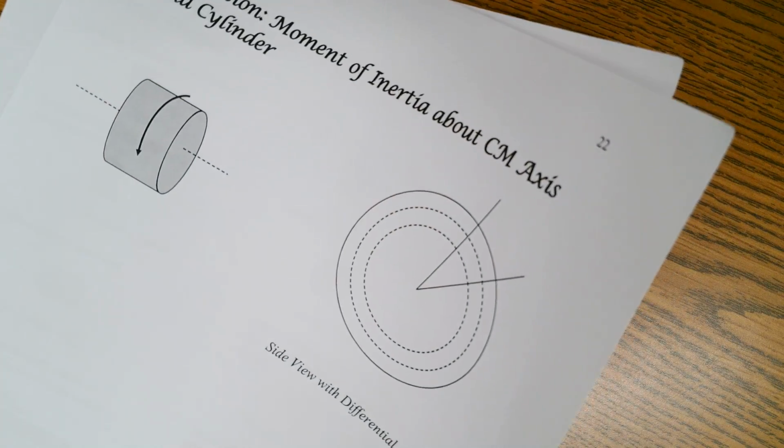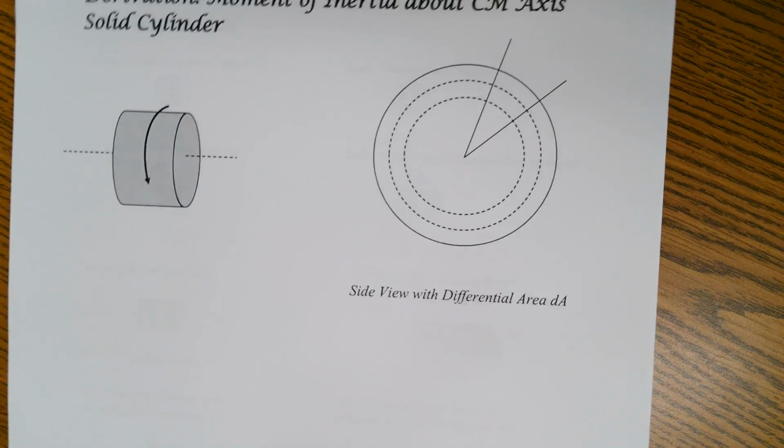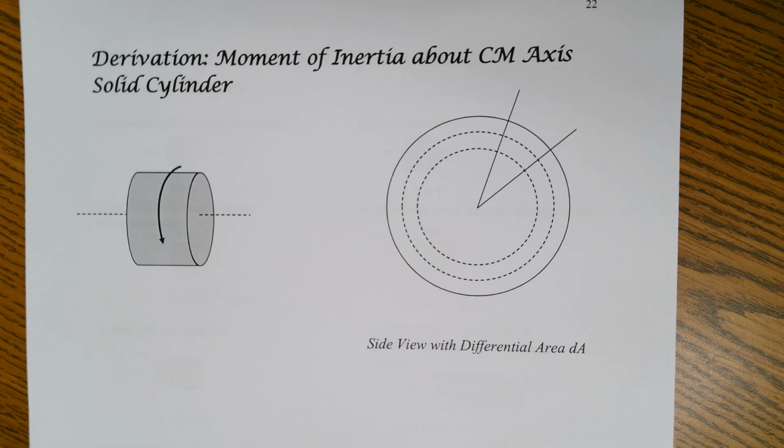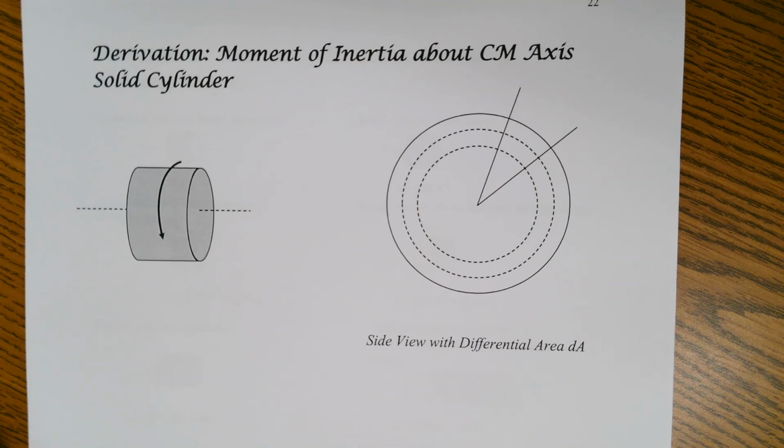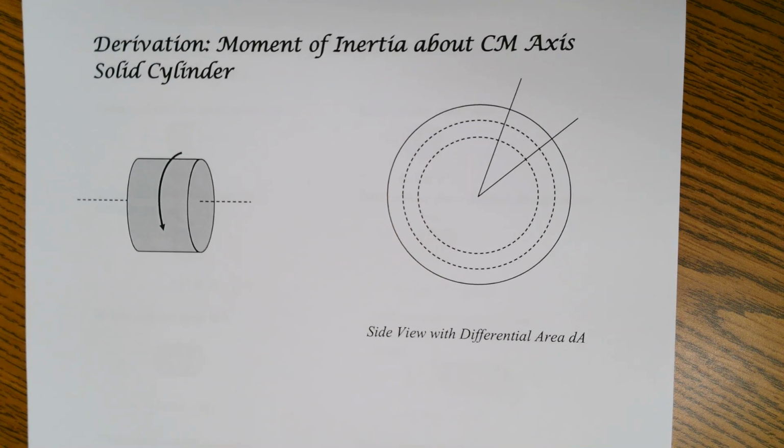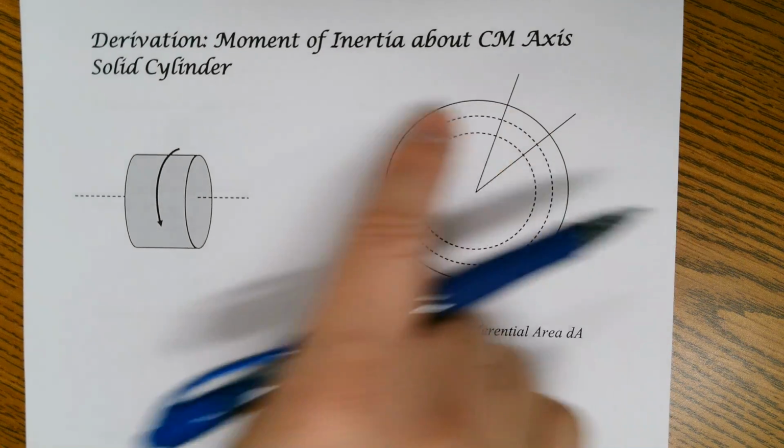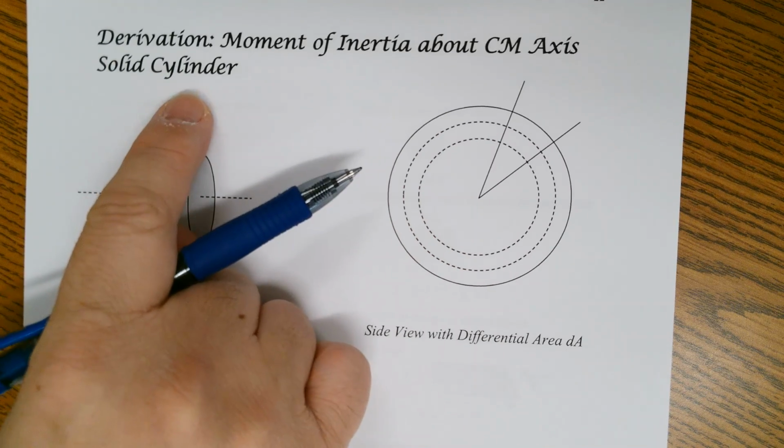All right, let's do one more. Then I'll let you guys go off and do some homework problems in your group session. All right, so derivation again: moment of inertia about the center of mass axis of a solid cylinder.